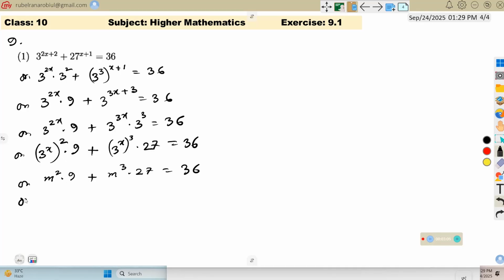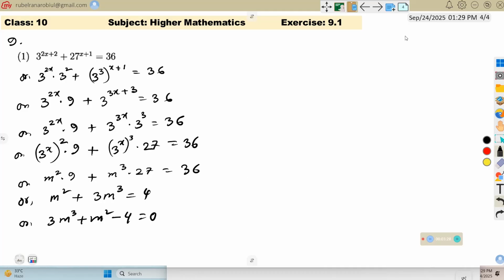Now we can divide both sides by 9. It will be m square plus 3m cube equals 4. We can write it in this form, 3m cube plus m square, taking 4 to the left side. Now we have to do factorization.